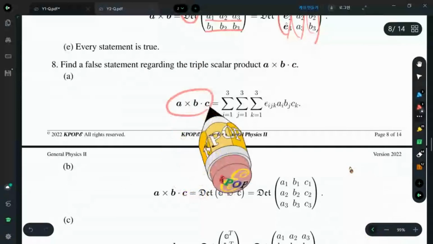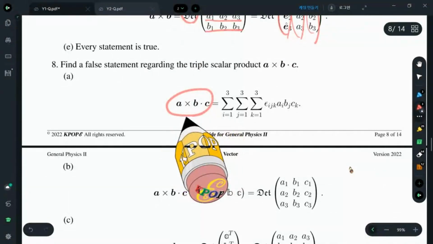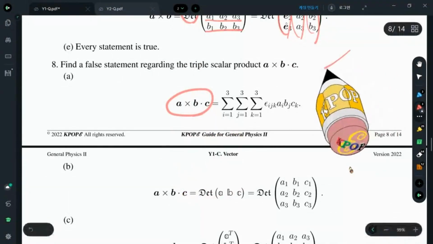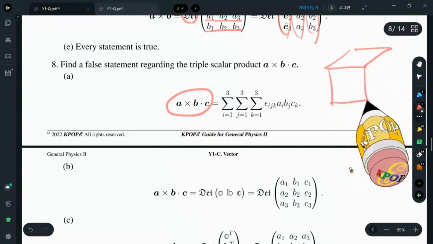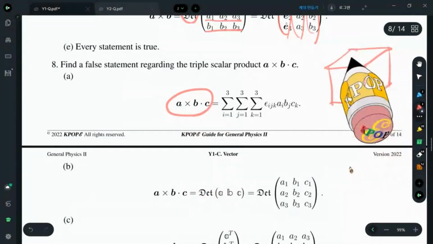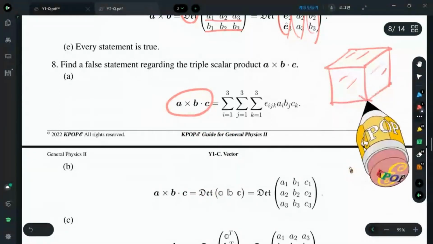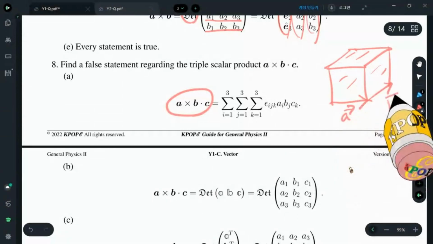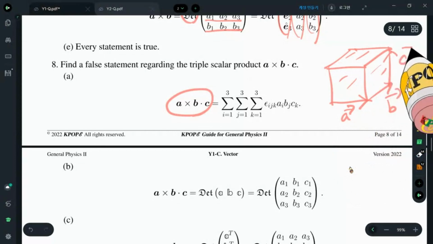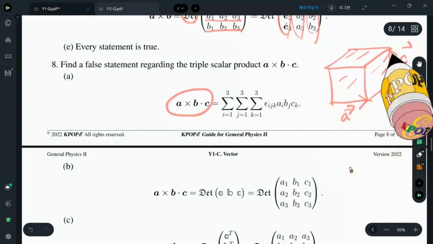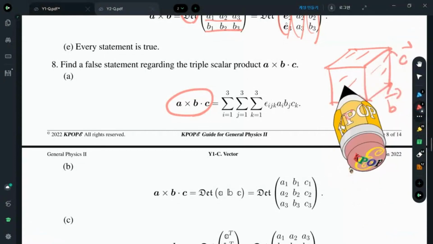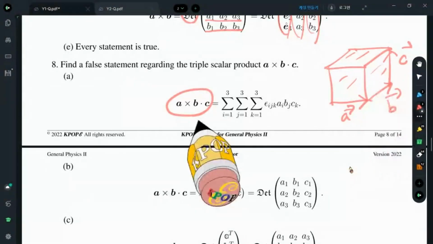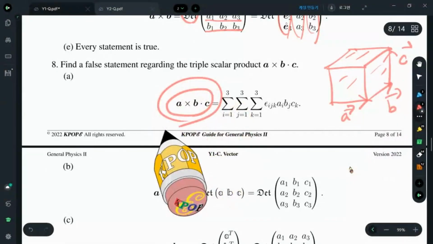Finally, the triple scalar product is a very, very important object of geometry. In physics, when we compute the volume of a parallelepiped, we have A, B, and C vectors at the edges of this parallelepiped. The volume of this can be computed in such a manner.